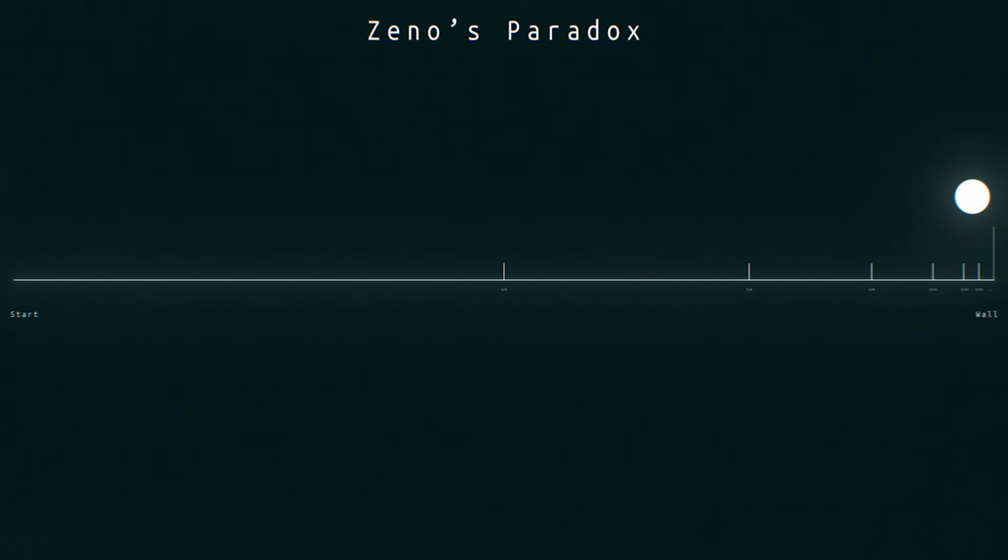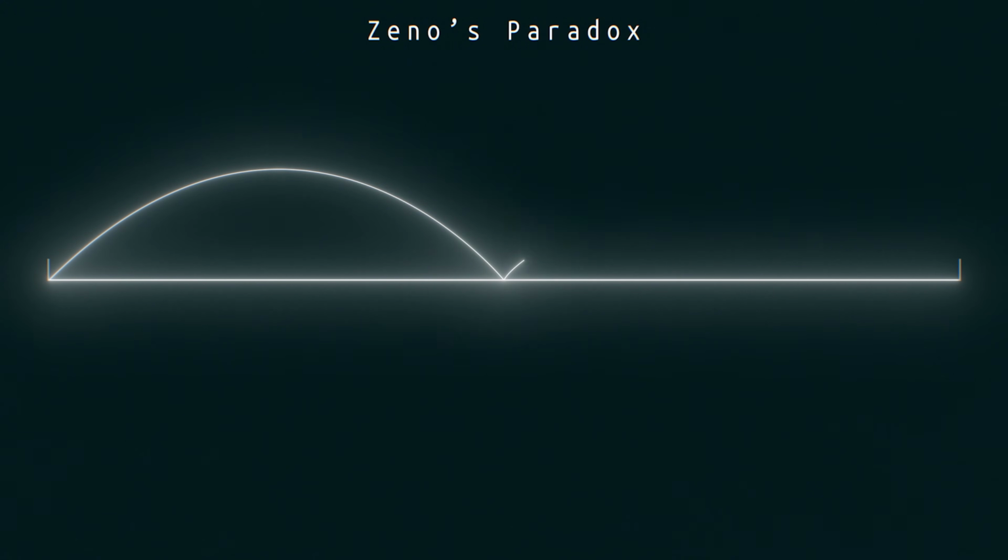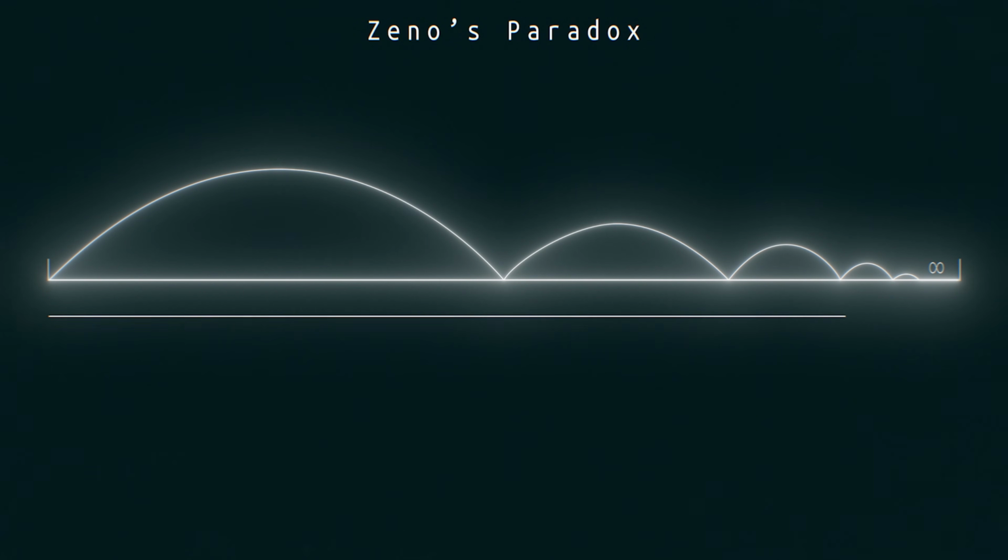According to Zeno's paradox, if you keep halving the distance endlessly, you'll never actually reach the wall because there will always be another halfway point to cross. The paradox suggests that within any finite space, there can be an infinite number of divisions. It's a strange, almost paradoxical idea. You're trying to reach a finite destination, yet the journey can theoretically be divided into infinite steps.